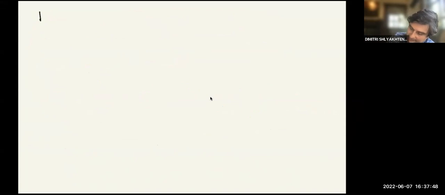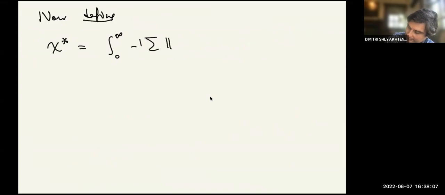So you can now define a new free entropy, which is the integral from 0 to infinity of, well, what you'll end up doing is minus this sum, 1/2 Cj t squared, plus some normalization factor.